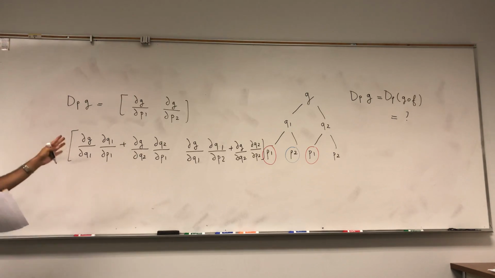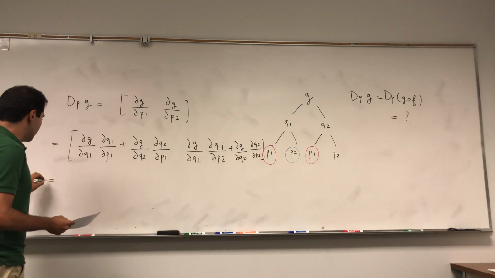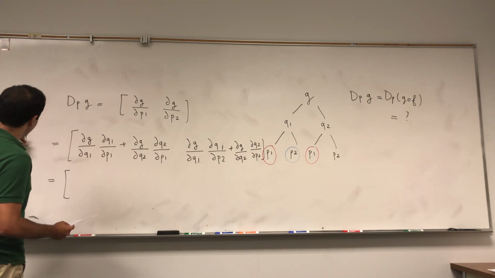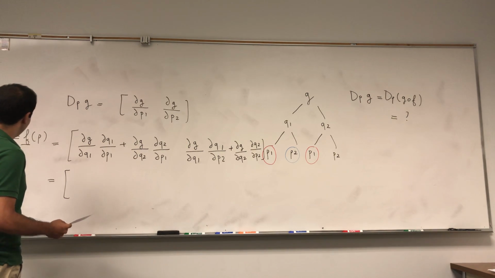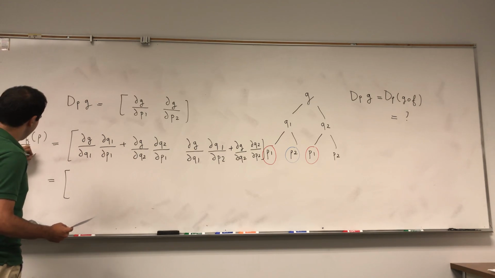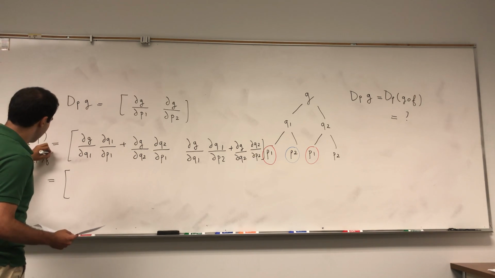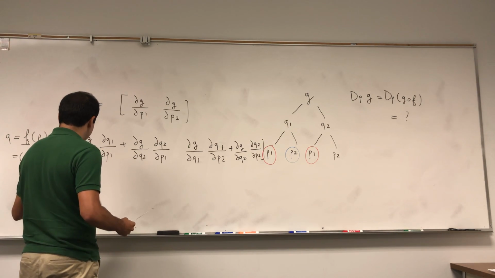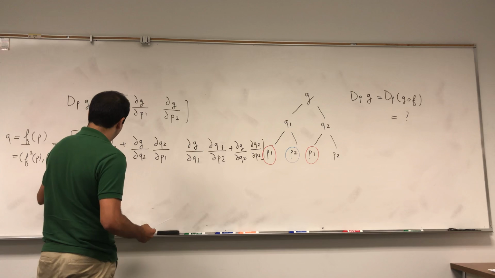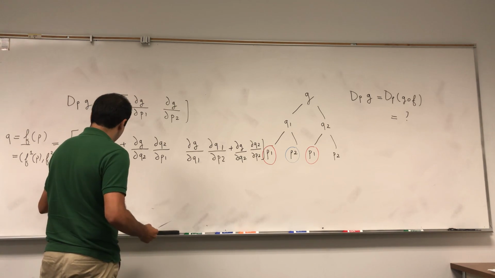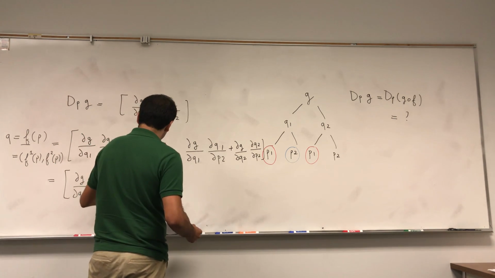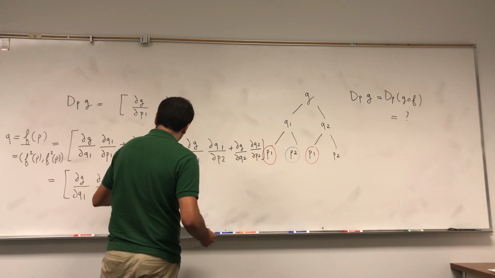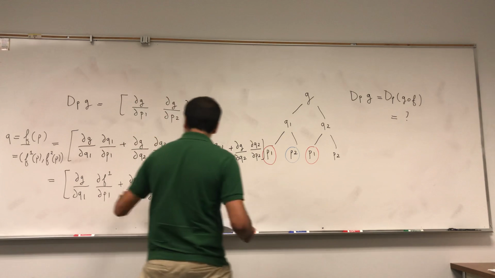And now we can write it this way. Let's write it in a slightly more suggestive notation. Because remember, what was q? It was f of p, which was f1 of p and f2 of p. So this becomes dg over dq1, df1 over dp1 plus dg over dq2, df2 over dp1. That's one entry.